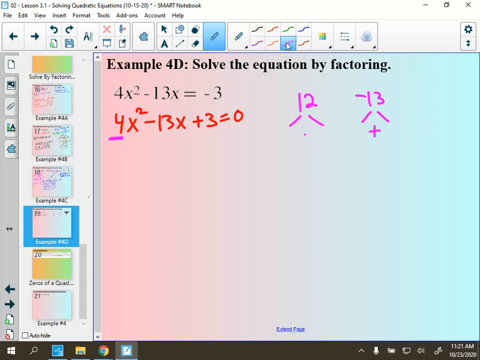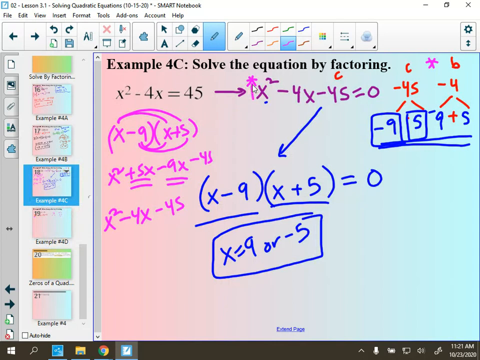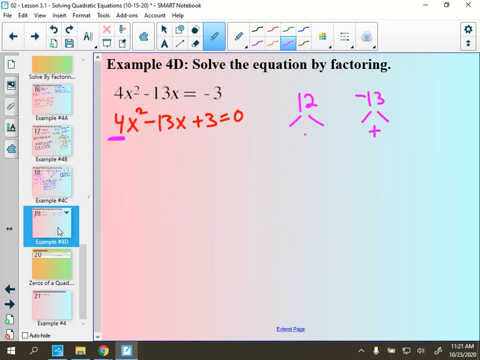The first thing I'm looking at is, oh, darn it, I can't factor this the same way as the last one because of this 4 right here. The last one had a 1 for that leading coefficient, that a value. When this value is 1, we do the process that we just went through. When that number is anything other than 1, 4 in this case, I need a little bit of a change up.